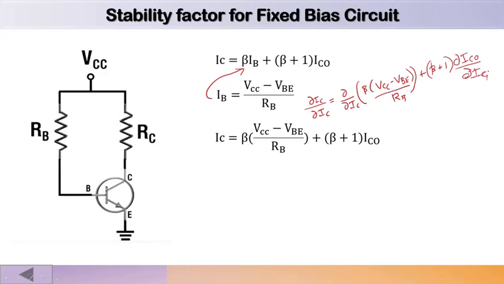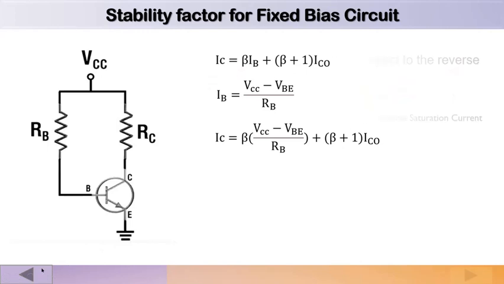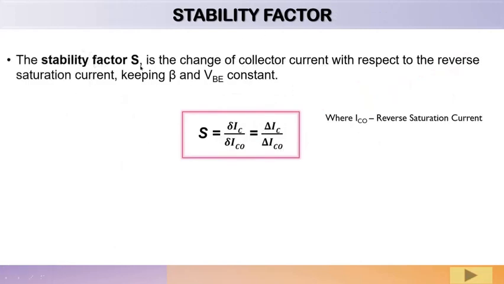From here, this term is a constant term, so it will become 0. Here, dou ICO by dou IC, how can we write? We know that stability factor S is equal to dou IC by dou ICO. So dou ICO by dou IC will become 1 by S.